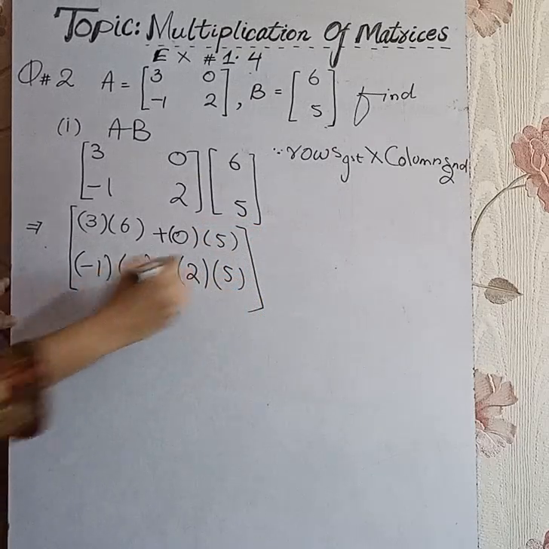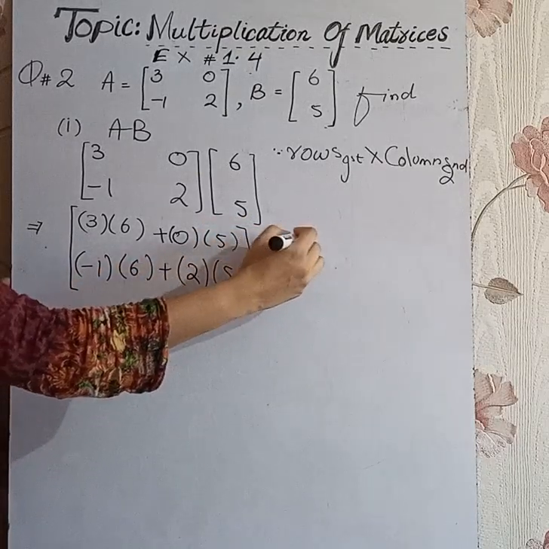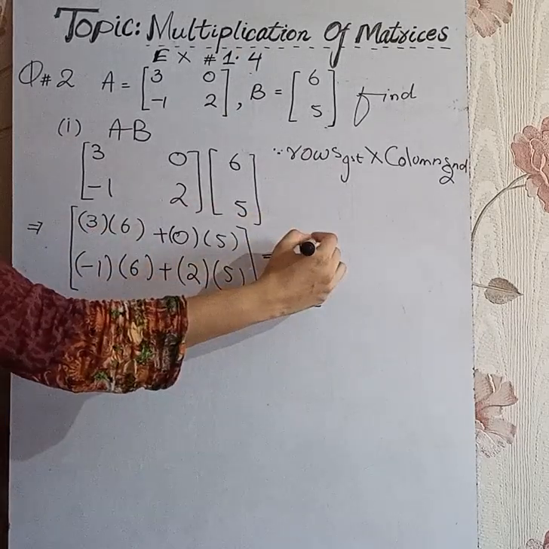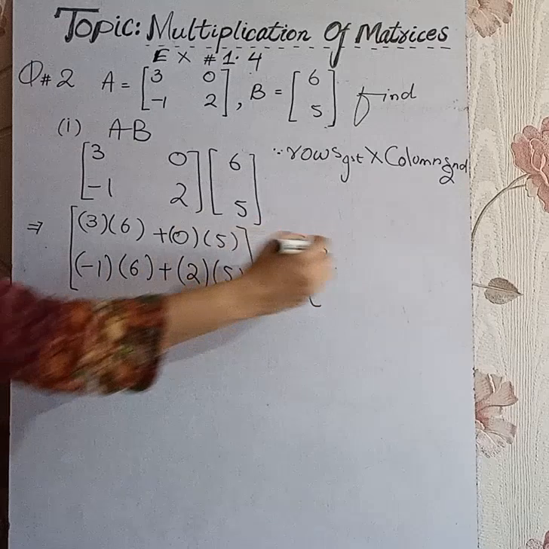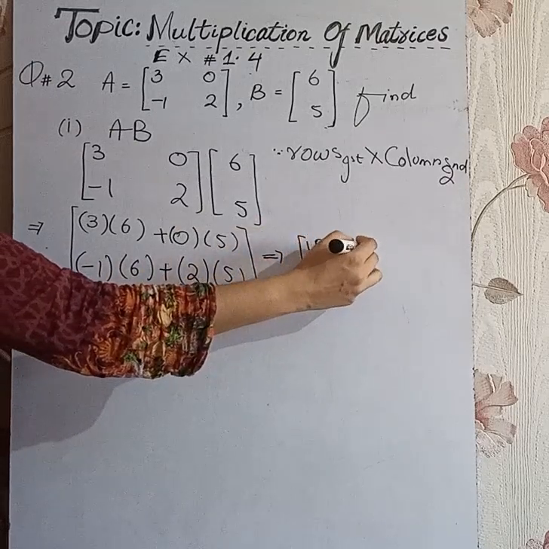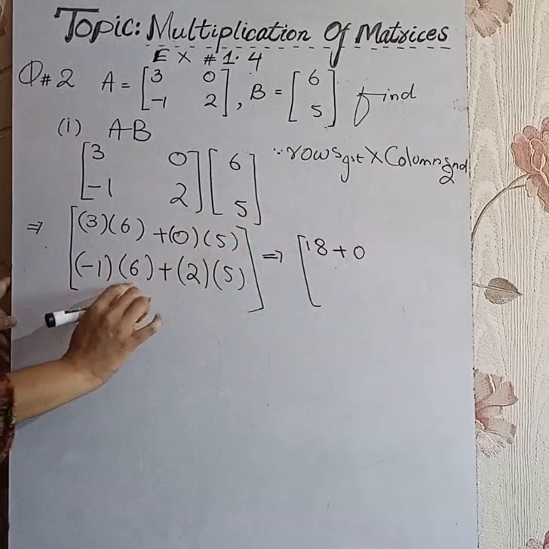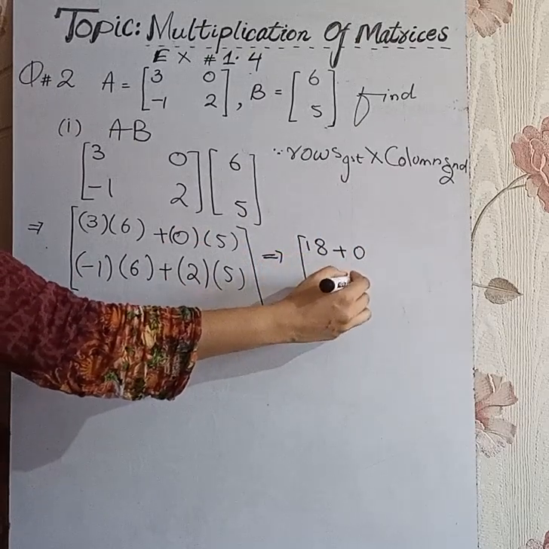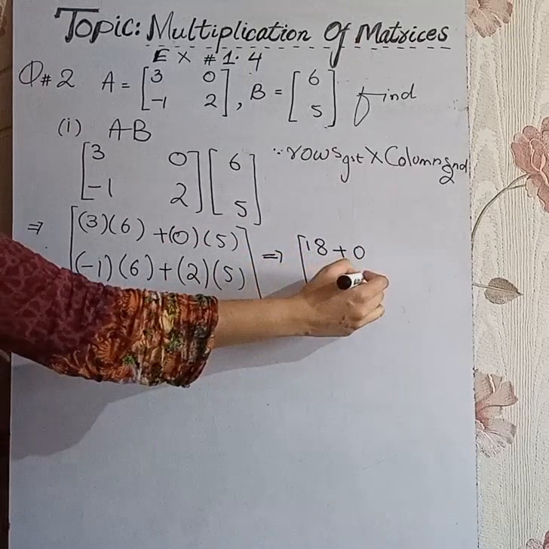Simplify this. 3 times 6 is 18 plus 0 times 5 is 0. Minus 6 plus 2 times 5 is 10.